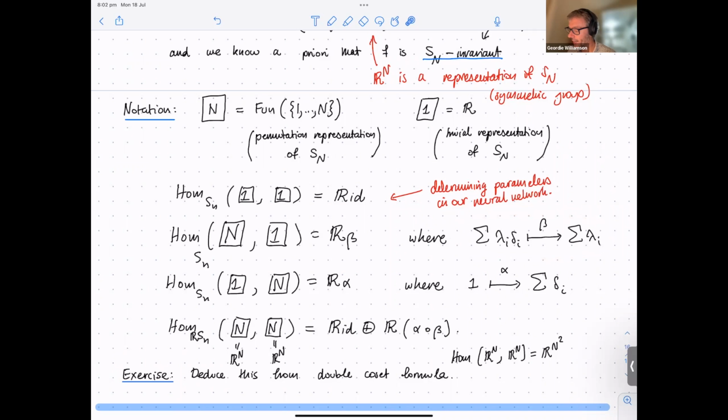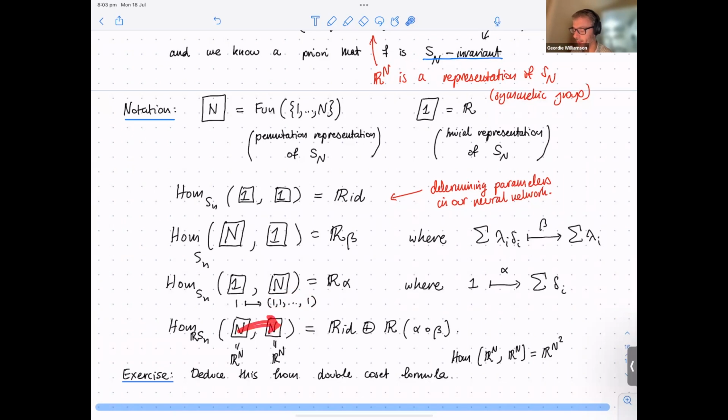And here's another example. From R to the N, the map that sends 1 to 1, 1, 1, 1. This map is SN invariant, because if I act by SN on this, if I permute the coordinates, it stays the same. So basically there's two ways that I can go in an SN invariant way from here to here.